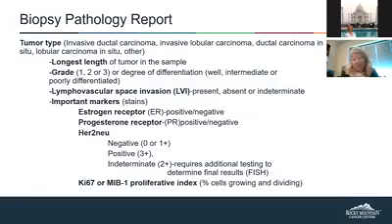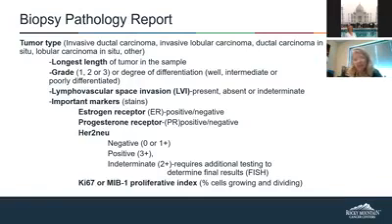And then finally, we get information, something called the Ki-67 or MIB1 proliferative index, which basically is a measurement of what percentage of cells are growing and dividing. So a low Ki-67 would be a slower growing cancer. A higher Ki-67 or higher MIB proliferative index would be a more aggressive or more rapidly growing cancer.